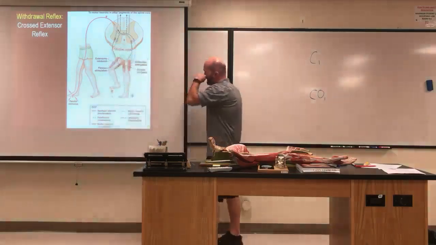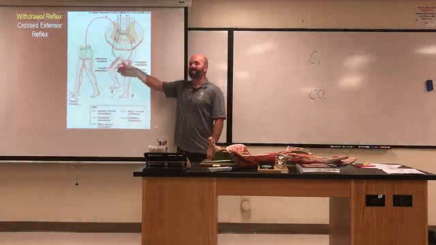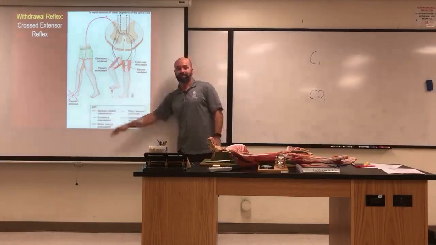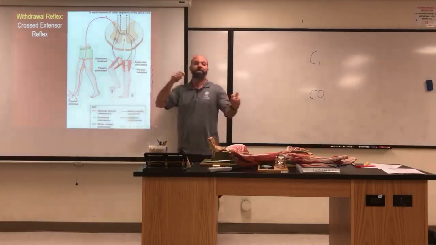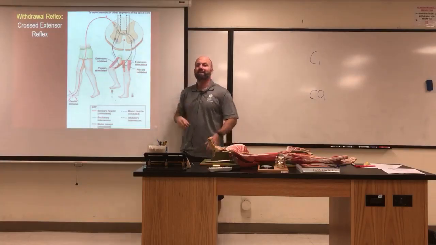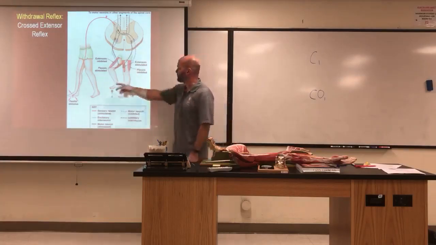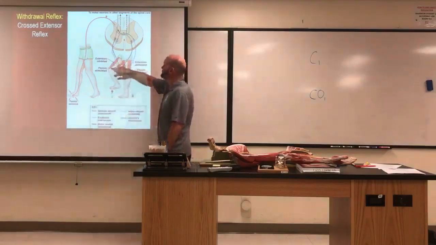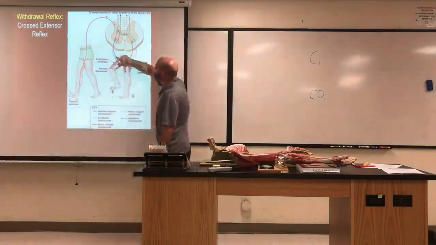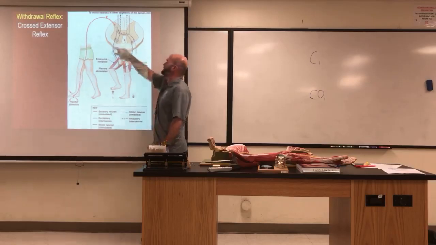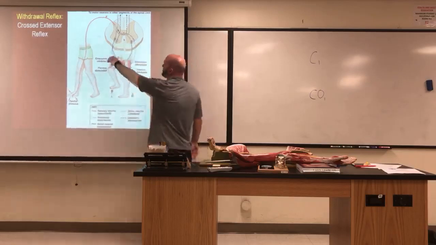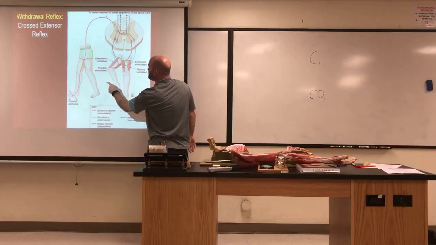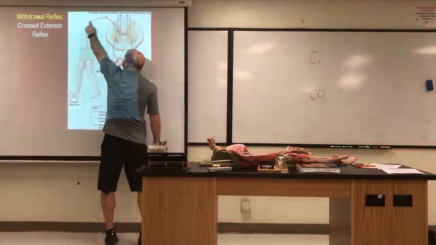Cross extensor because opposite the side where we activate the flexors to withdraw, we have to activate the extensors to maintain body position. So right foot goes down on the sharp object. Nociceptors are excited. Pain signals come into the spinal cord.